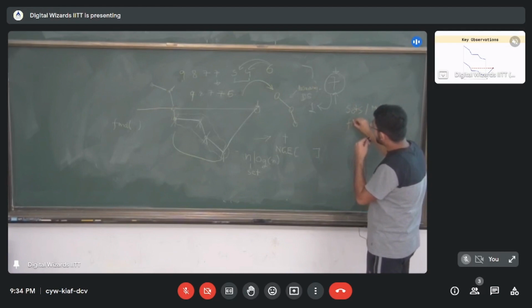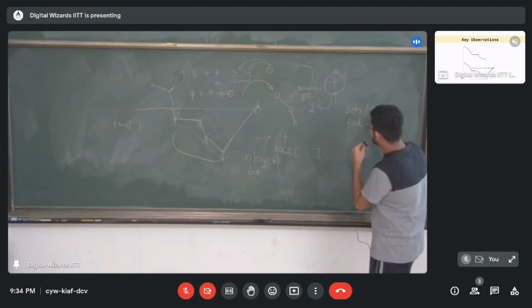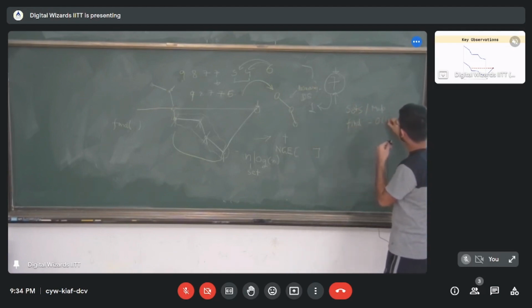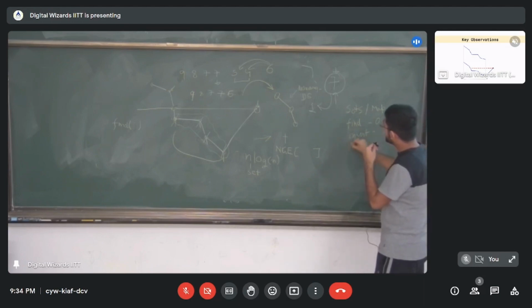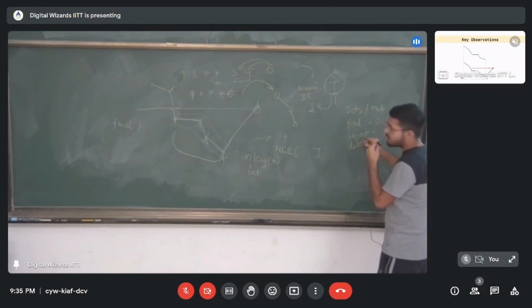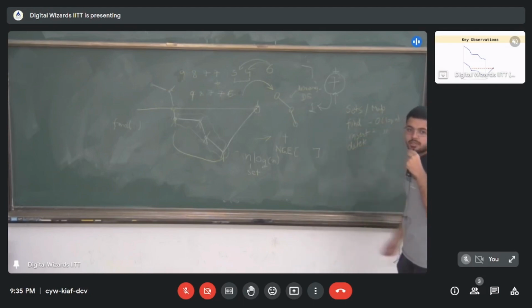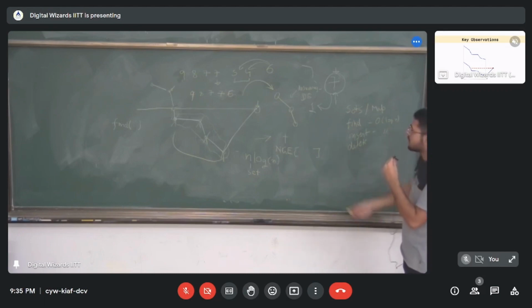You can perform find in a set or map in O of log n. Similarly, you can insert in log n, you can delete in log n. So it's a very flexible data structure. If you don't want to care about the implementation and are not specializing in a special property, then you could use a set or map to implement this idea.